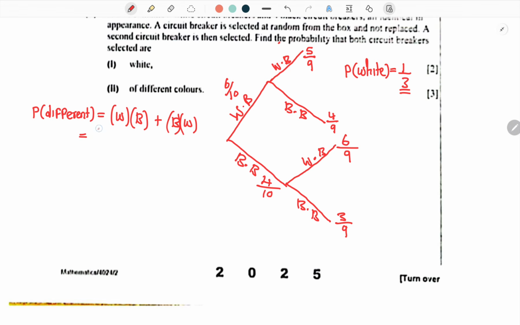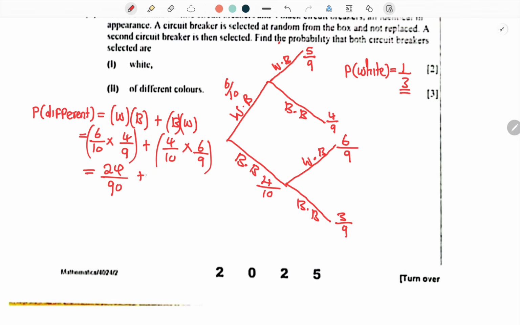White from the original was 6/10, then multiplying black, which is 4/9, plus black from the original was 4/10, then multiplying white, which is simply 6/9.